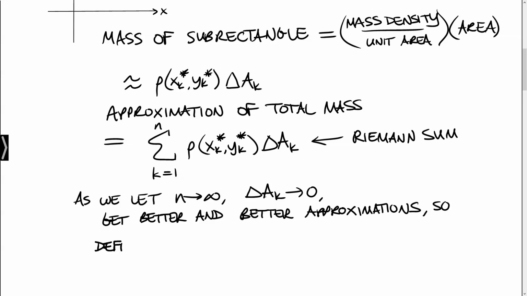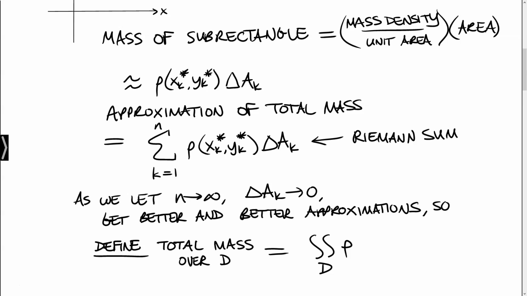So we define the total mass over D to be equal to the double integral of the density function over D, dA. So it just becomes a double integral.